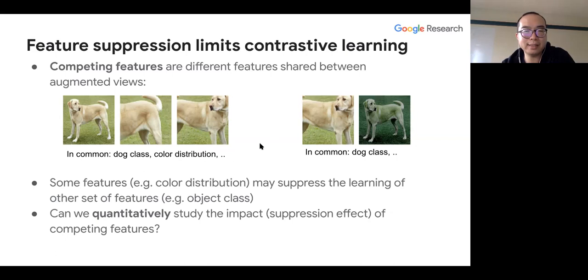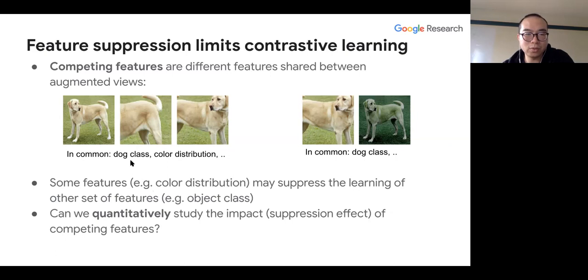By applying the color distortion, you remove the shared color distribution features, and then you only have the dot classes. This shouldn't matter if the model is able to learn them all, but it clearly isn't the case. This competing feature can hurt the other, which I would call feature suppression, because the presence of the color distribution features can suppress the learning of dot classes features.